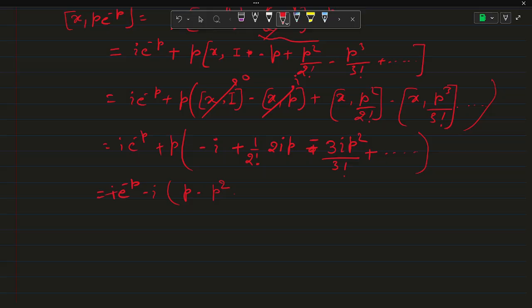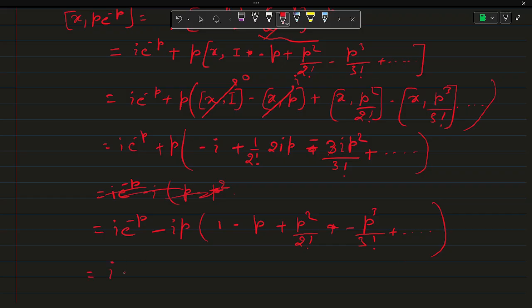So now, just keep it here. I e to the power minus p minus ip, just keep it here, 1 minus p plus p square by 2 factorial. Here this will be reduced to 2 factorial, and again minus p cube by 3 factorial, and so on.